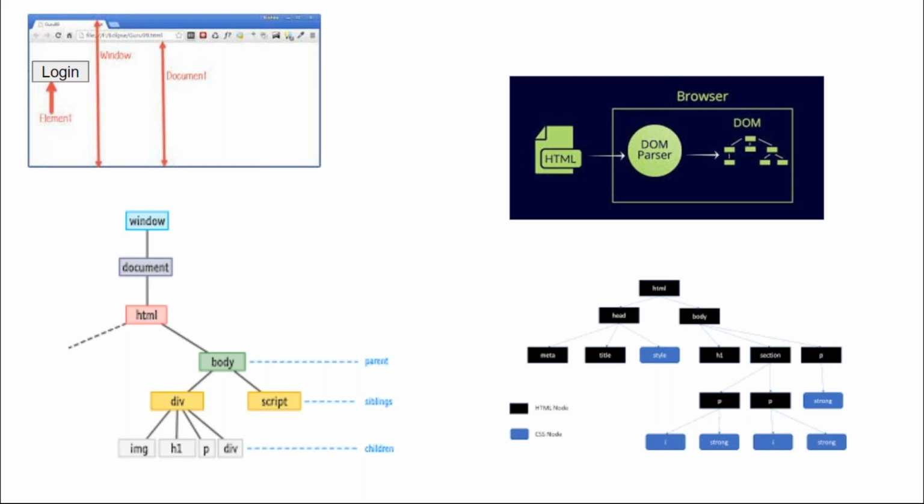All these things are elements. So the three major things are your window, which is nothing but your Chrome window itself, and then you will have a document that will get loaded into a window, and then you will have these elements like login or registration. That is the three high level hierarchy, I would say, but these are the three different words you will come across very easily whenever we are going to do the scripting. So you should understand the difference between window, a document, and an element.